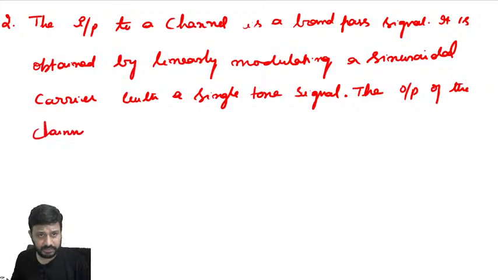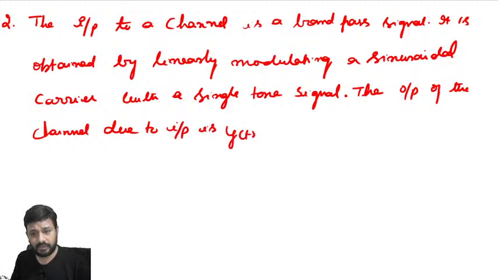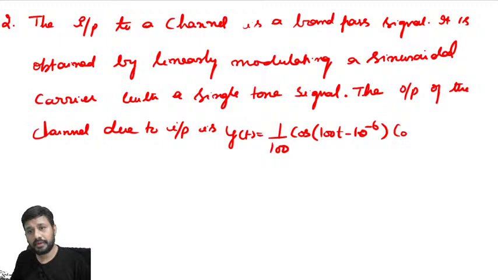Same concept what we are discussing. Due to the input, the output is y of t equal to 1 by 100 times cos of 100t minus 10 power minus 6 times cos of 10 power 6 t minus 1.56.